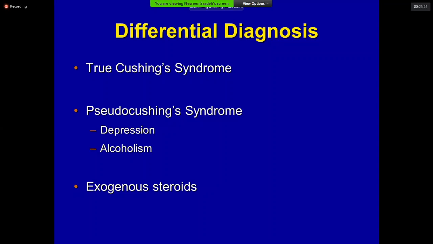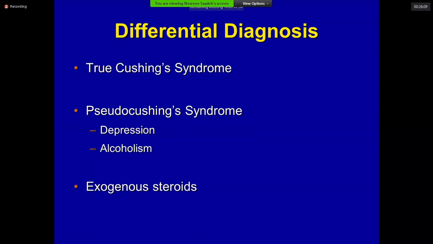There are some other reasons why people may have a response to this testing with high cortisol that is not suppressible other than true Cushing, which we call pseudo-Cushing, and that's present in cases of severe depression and in people who are alcoholic. The cortisol in these cases will be persistently elevated.